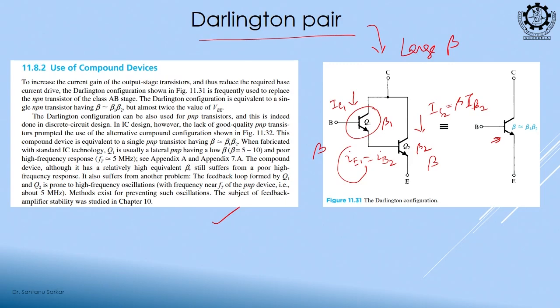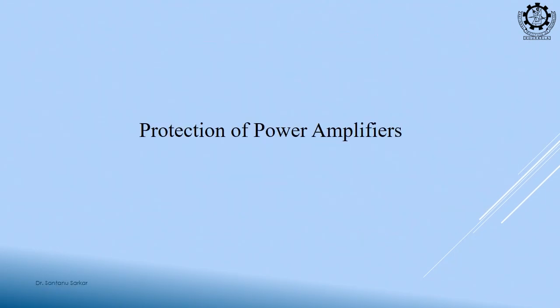How? We can think that if this is IB1, this is beta times IB1 and this is beta times IB2. So, this collector current IC2 is equal to beta 1 beta 2 IB1.